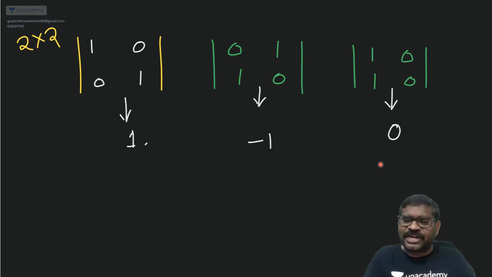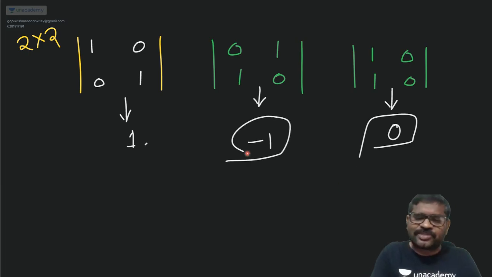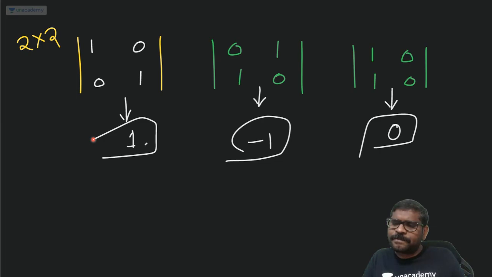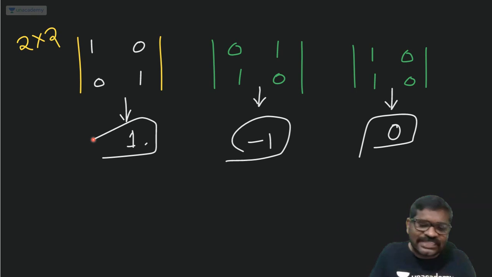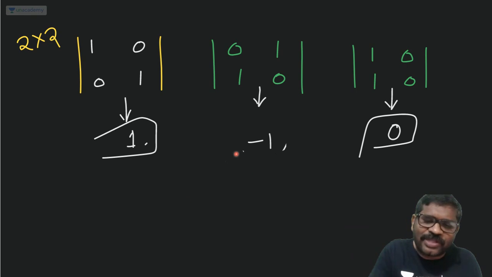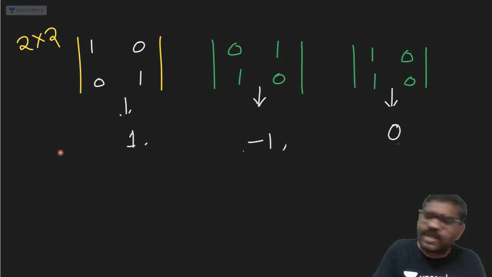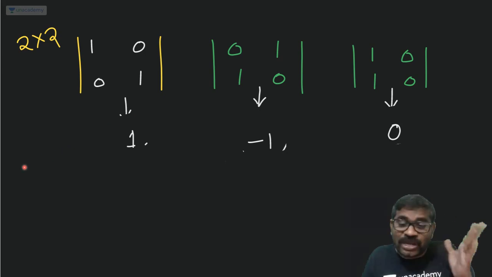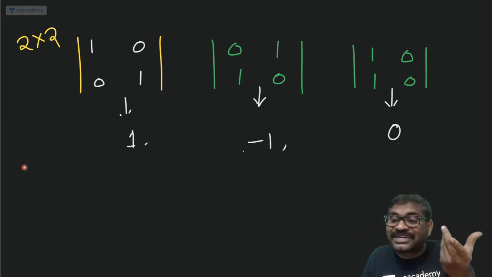Here determinant is 0, here determinant is -1, here determinant is 1. Okay. 10 is not possible. 10 is not at all possible. Why? Because for a 2 cross 2 matrix determinant is not 2. How will it become 10 for 10 cross 10?